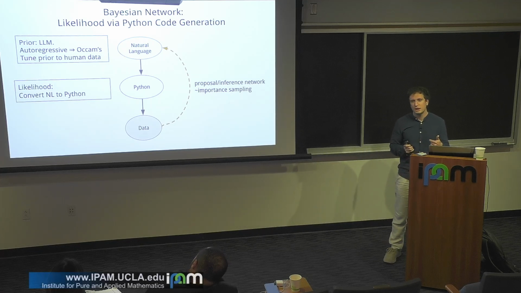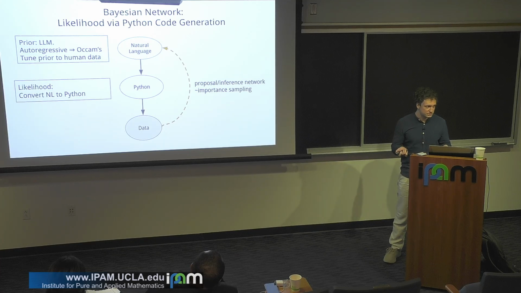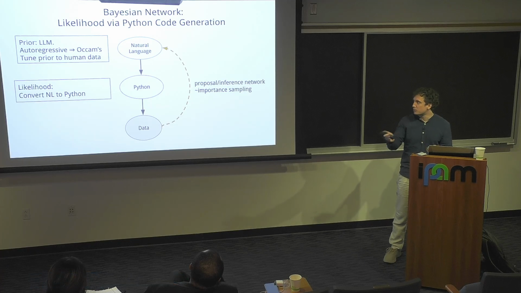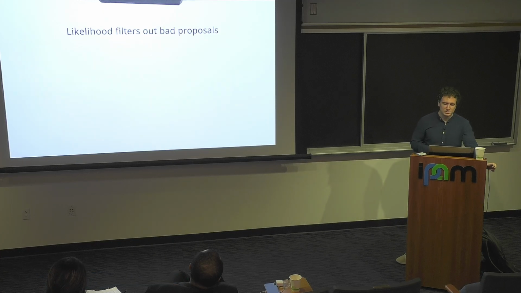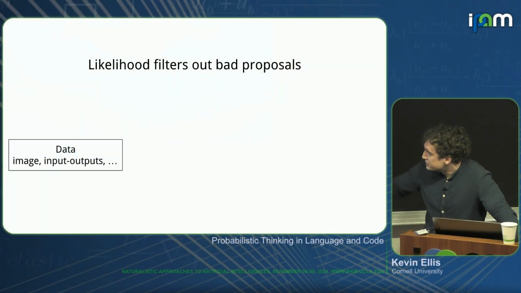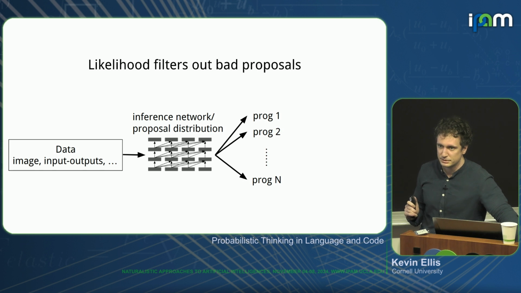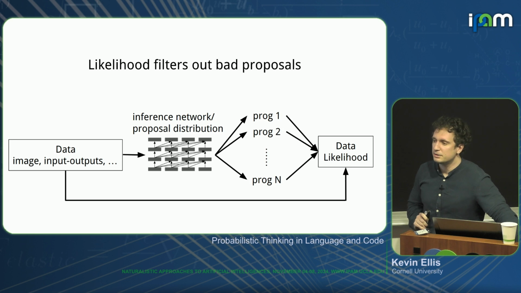We're going to generate code because the data might be formal, might be like a data structure, and the natural language is informal. So to bridge formal and informal, we need to lower things to Python. So that means that effectively our likelihood function gets to look at the data and can filter out bad proposals. So we might start with the data here. We're going to pass it to our bottom-up proposer. It's going to generate multiple hypotheses, think between 10 and 100. And then we're going to compare them to the data and see if they actually work.